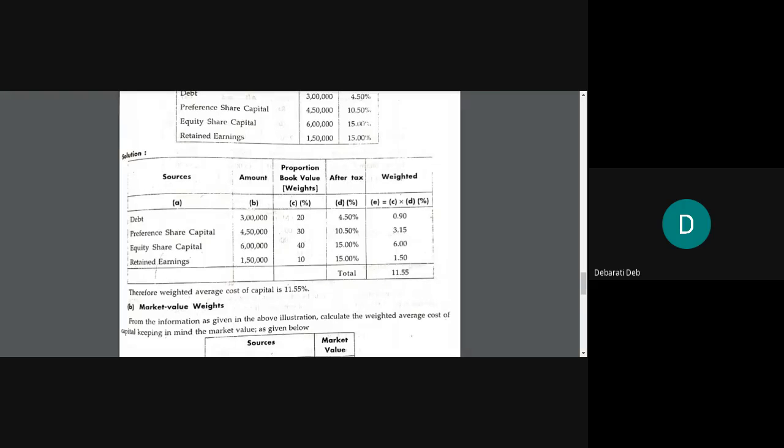Then you will do 4,50,000 divided by 15 lakh into 100. Like that you do. Then the third one will be 6 lakh divided by 15 lakh into 100. And the fourth one will be 1,50,000 divided by 15 lakh into 100.